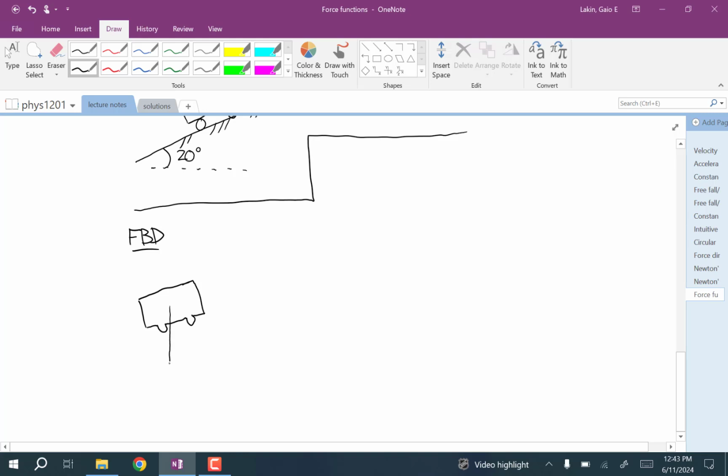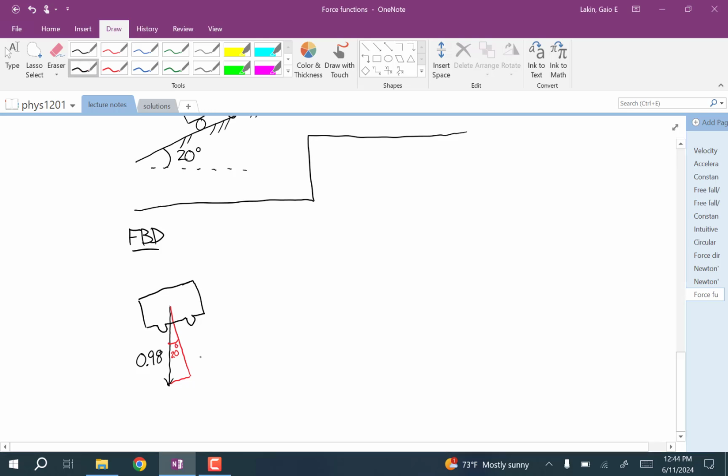We have a weight force acting down that's equal to 0.1 times 9.8, so this is 0.98 newtons down. And we are going to break this up into the two components. So I'm going to draw out this right triangle. This angle is 20 degrees.